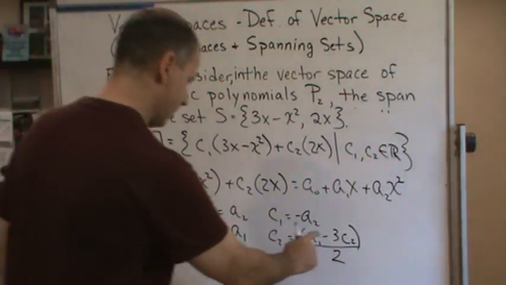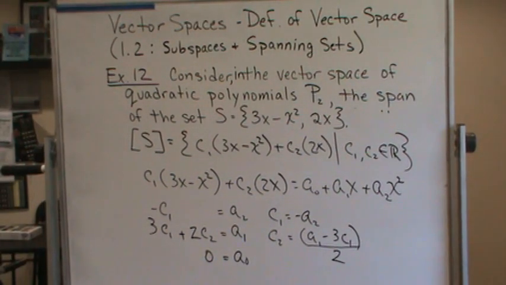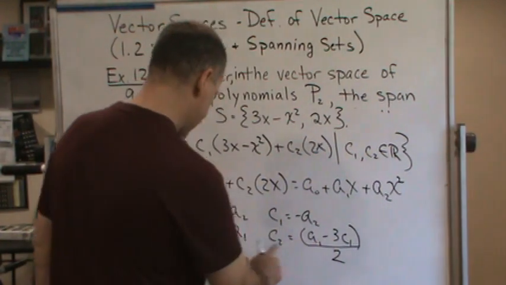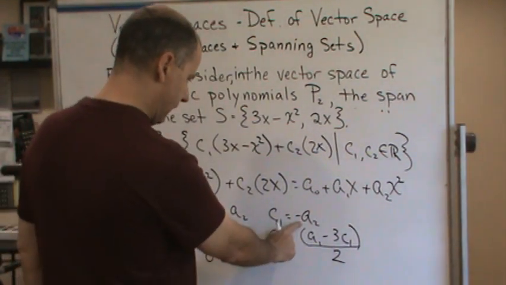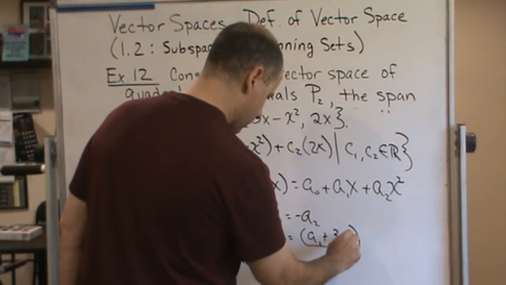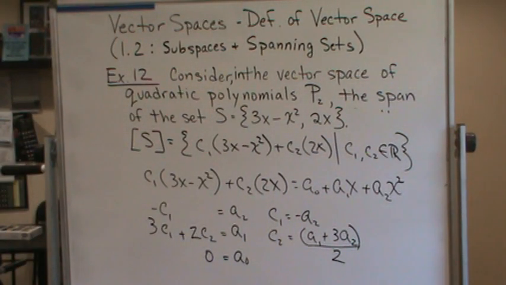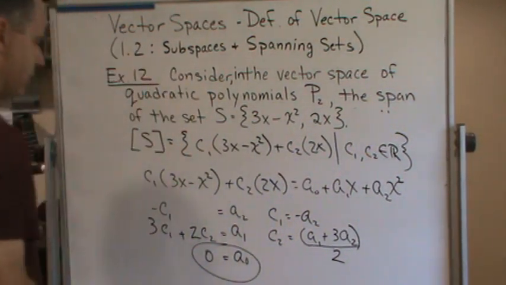Hold on. C1 is equal to negative A2, so that'll make this a positive, and this will be A2. And of course, A0 is equal to 0.